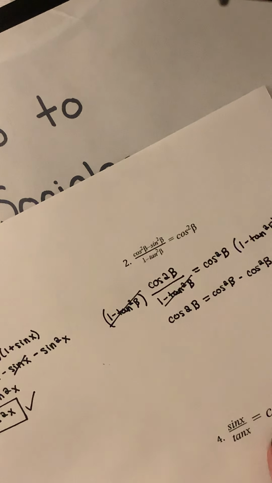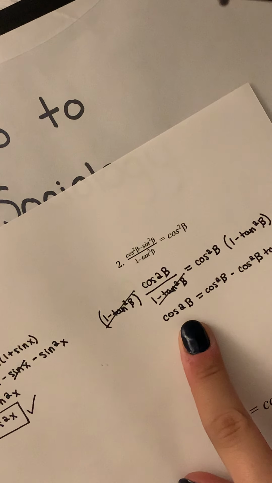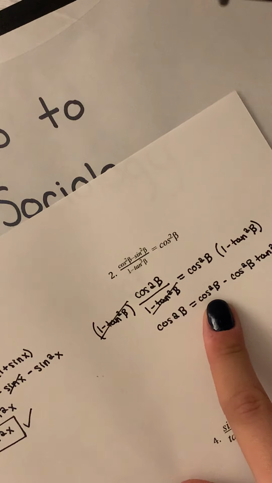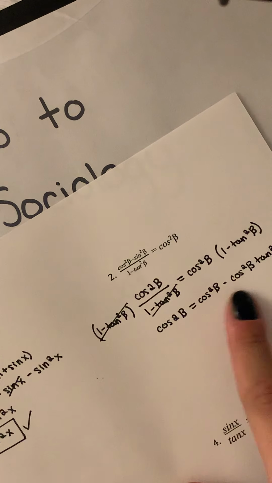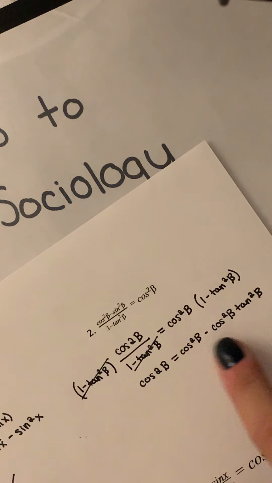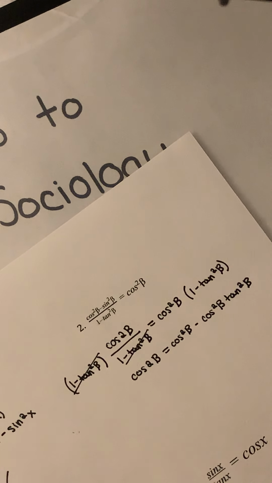So looking at what we have now, we have one really good simplified term over on our left side here. We have a really good simplified term there, but we can't really work with it yet because we have this big ugly term over here. So what we're going to do is try to get rid of that big ugly term.